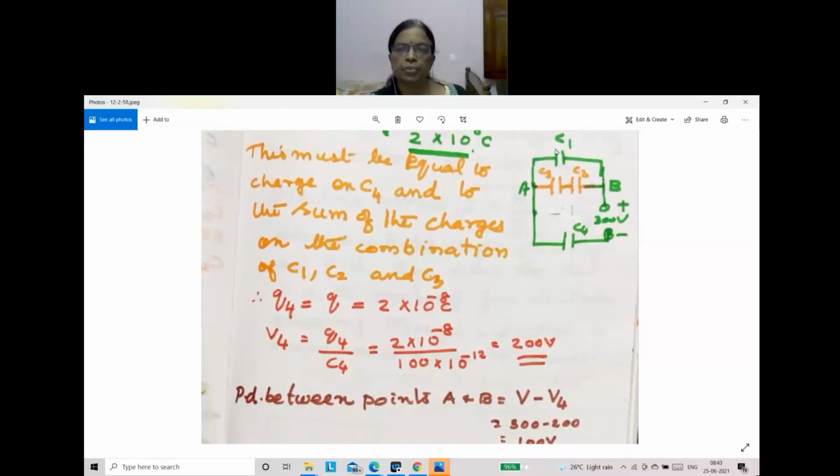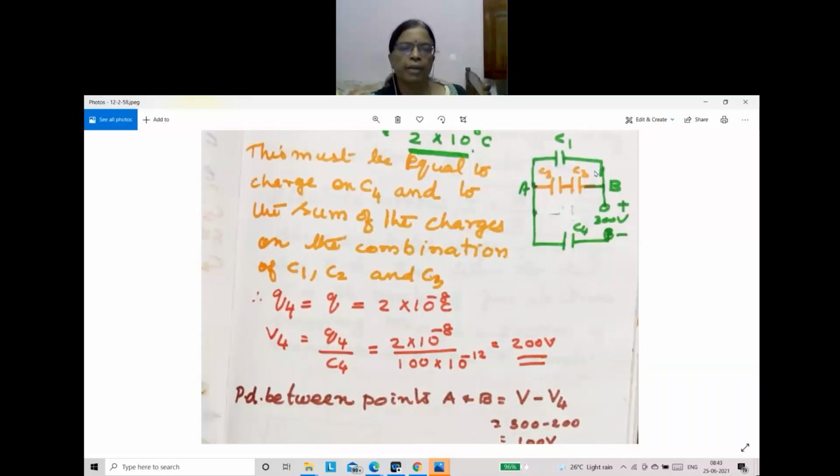That is 100 between A and B. Of that, 100 volt appears across C1, and 100 volt also appears across these two. These two are in series, so 100 is divided equally because their capacitances are equal.